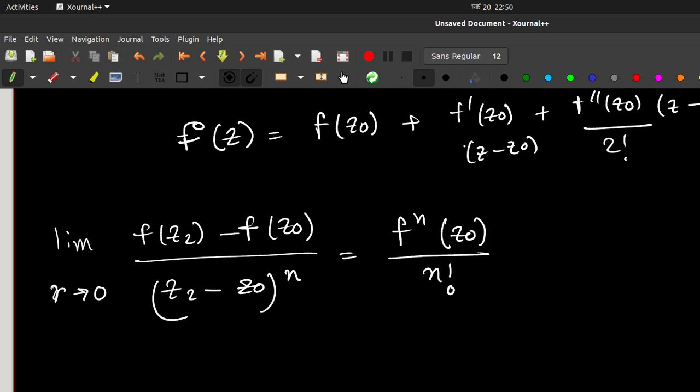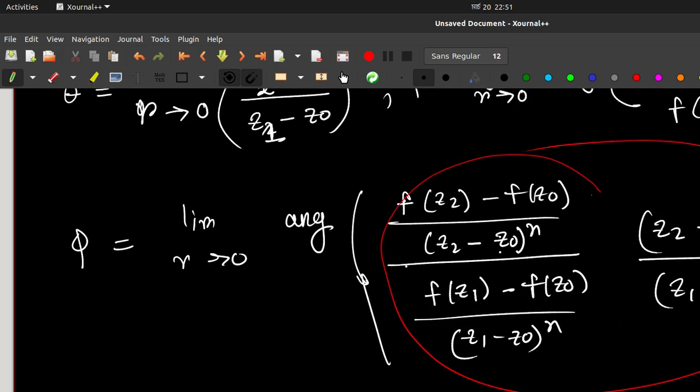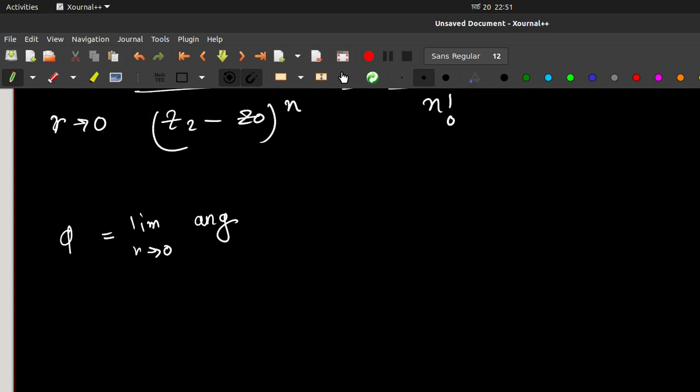So if this is the case, then we can finally write phi as limit of r goes to 0 of the argument. Obviously this is an argument, so we can write it as the argument of z2 minus z0 divided by z1 minus z0 to the power n.